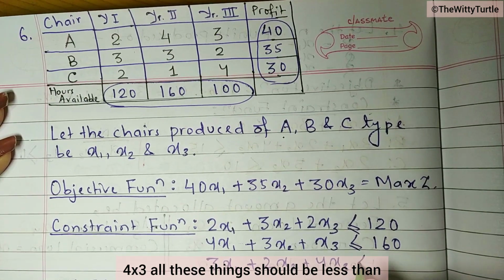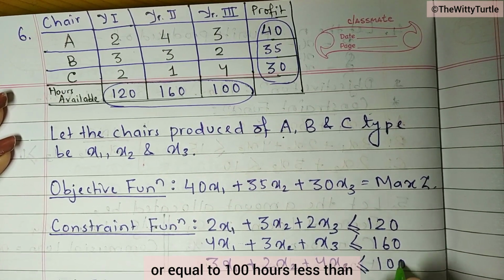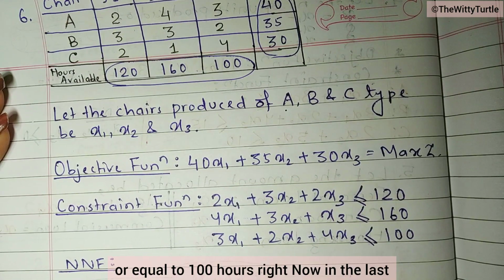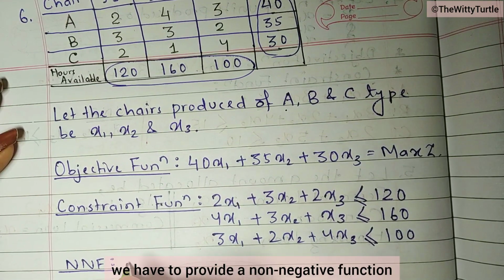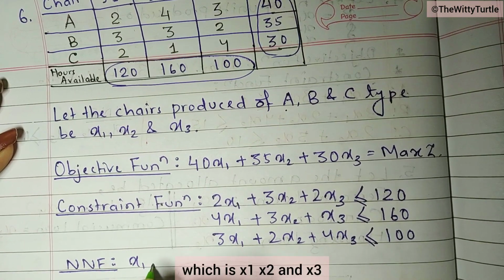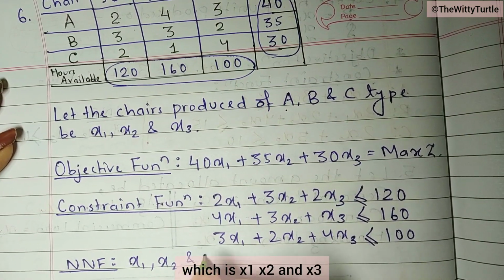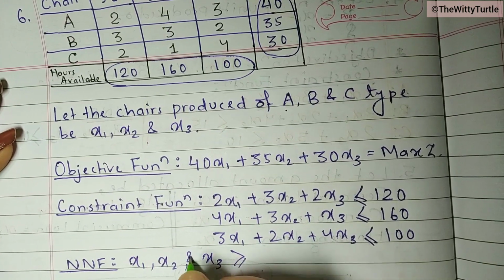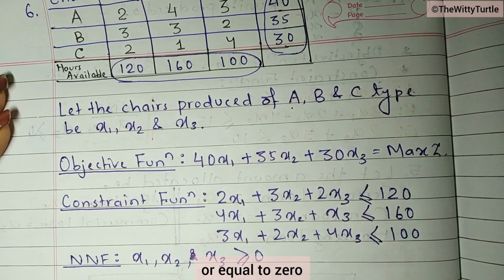All these things should be less than or equal to 100 hours, right? Now in the last we have to provide a non-negative function, which is x1, x2 and x3 all more than or equal to 0, right?